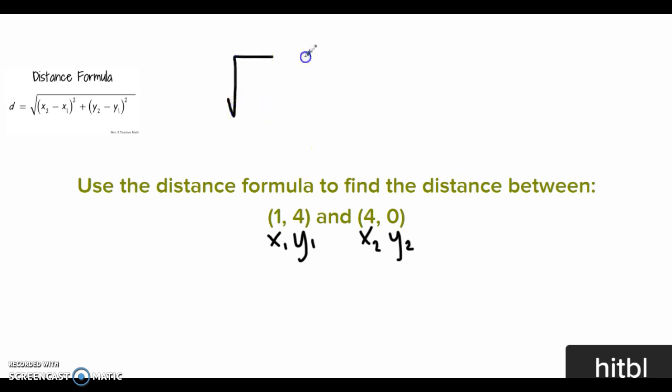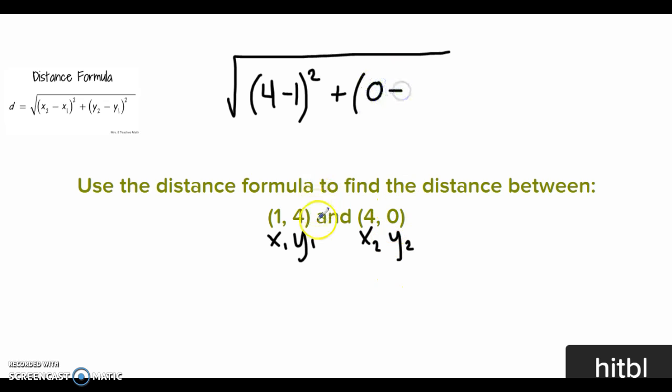We're going to take our square root. My x2 value was 4, minus my x1, which was 1, squared, plus my y2, which was 0, minus my y1, which was 4, and we square that.